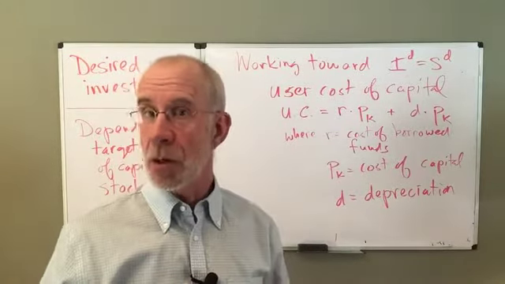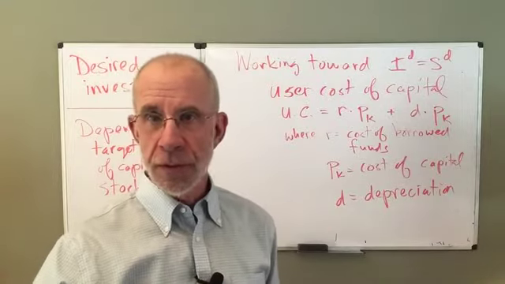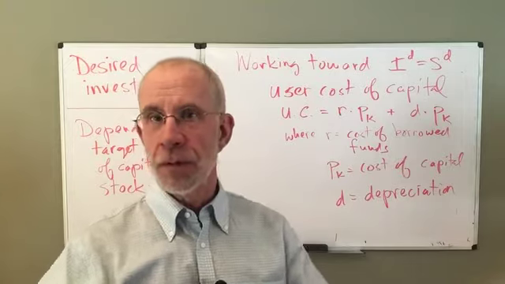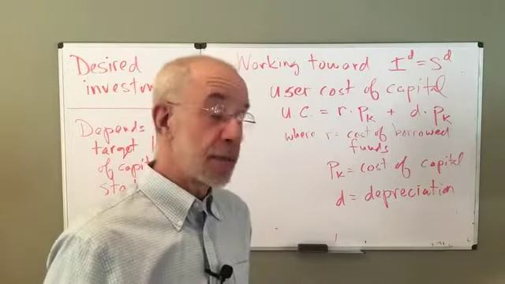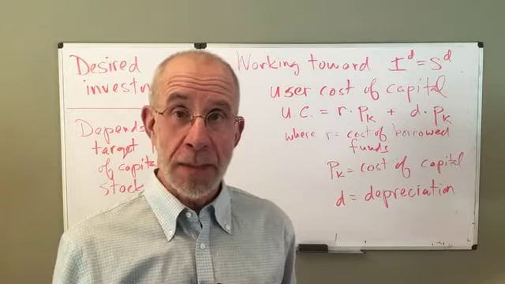When things start to go badly, people start to reduce their investment quickly. So firms are very unlikely to install new plant and equipment if they think that the economy is going south.